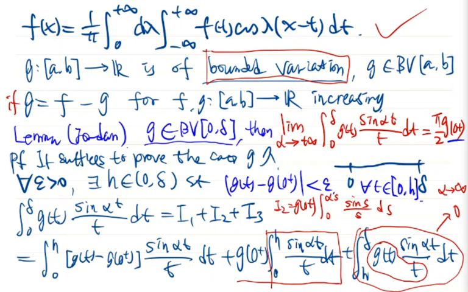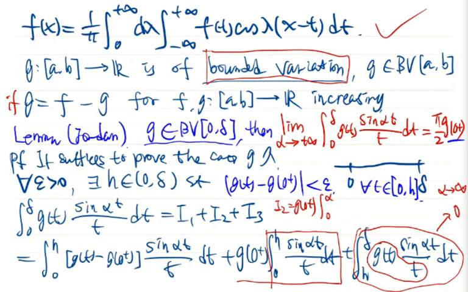Let alpha t be s, then the integral becomes an integral in s. Sorry, the upper limit is not alpha s, I made a mistake, it should be alpha h.